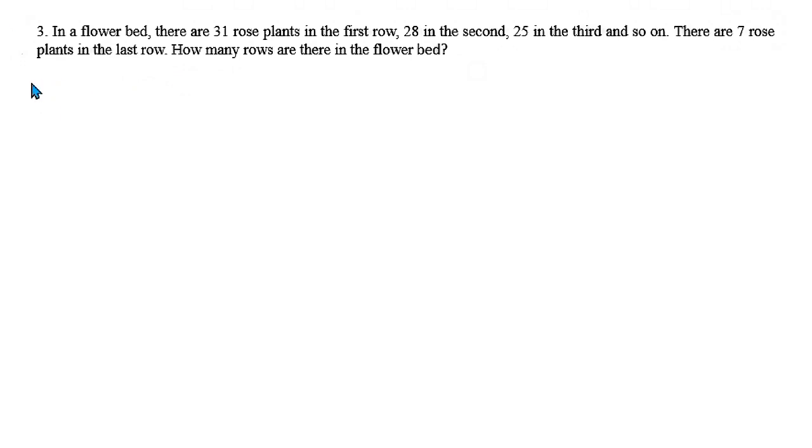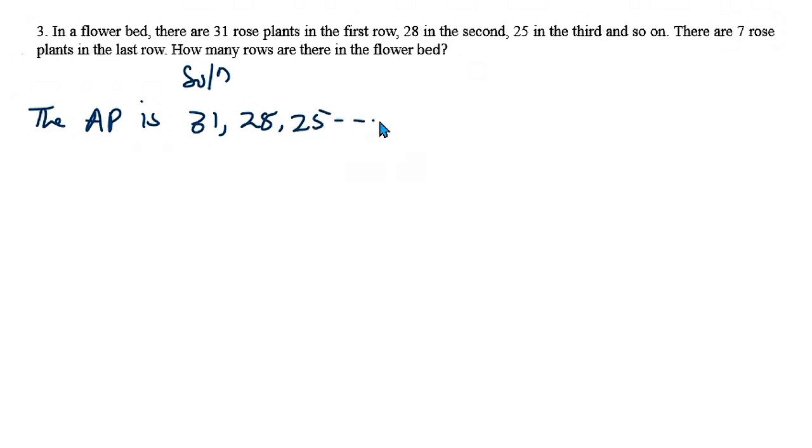Now, we know that the AP is given to us here. Say that the arithmetic progression is 31, 28, 25, and it goes on to the last thing, which is what?